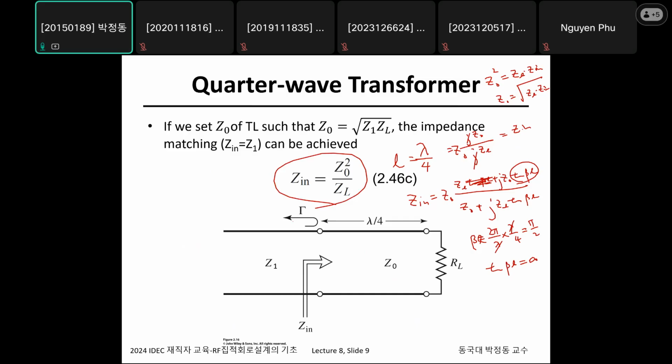So, to make a matching between G1 and RL, you choose a G0 equal to the square root of GL multiplied by G1, okay? That's the one you achieve. This is actually widely used.